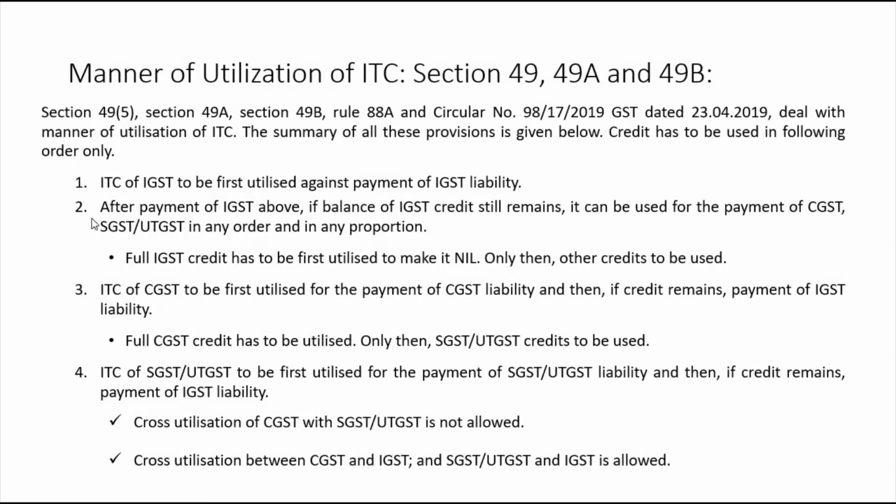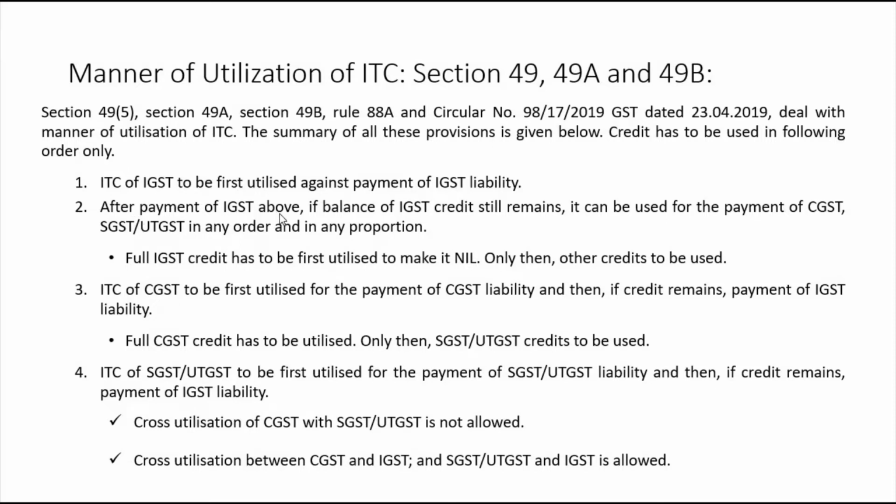Let us first understand. Credit of IGST is to be first utilized against payment of IGST liability. What do you understand by this? If you have an IGST liability, first you have to utilize IGST credit to pay for it.